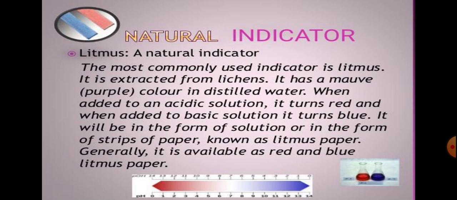Litmus is available in the form of a solution or in the form of a strip of paper. You see this type of paper available in the market and in our lab also.